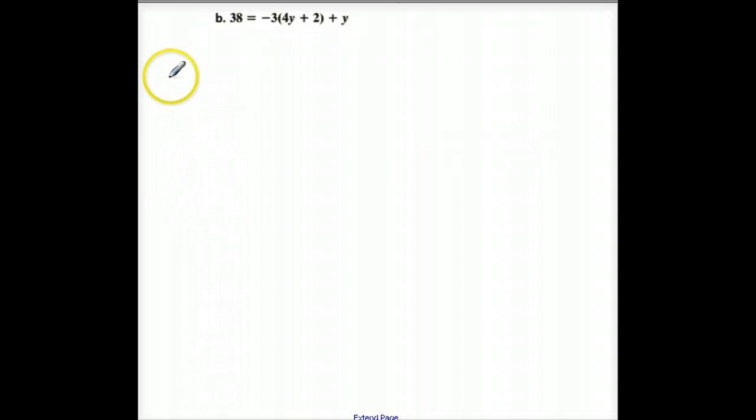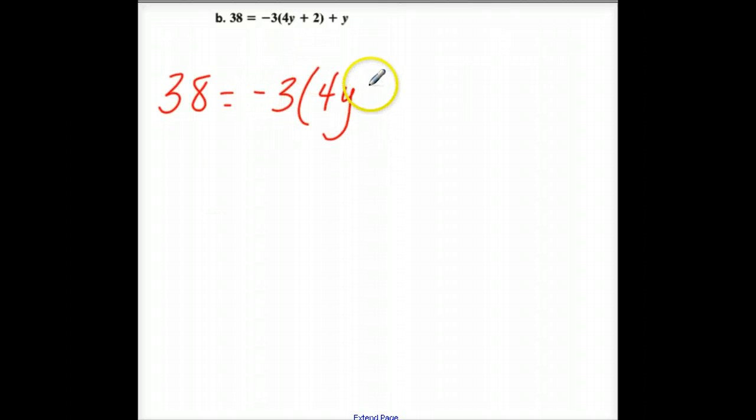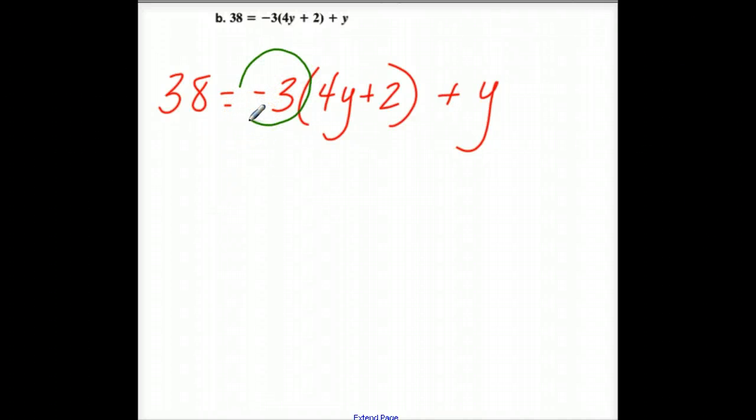Let's do another example. This one's smaller. I'm going to rewrite it. 38 equals negative 3, which is being multiplied to the whole group, 4y plus 2 plus y. So first we need to distribute the negative 3, don't forget the negative, to everything in this grouping.